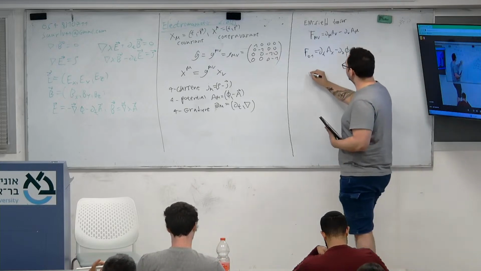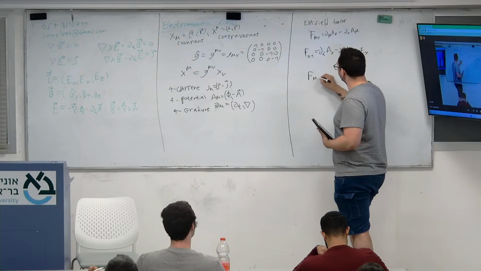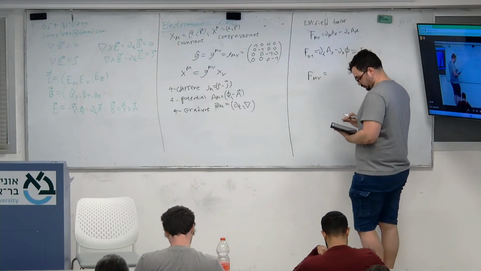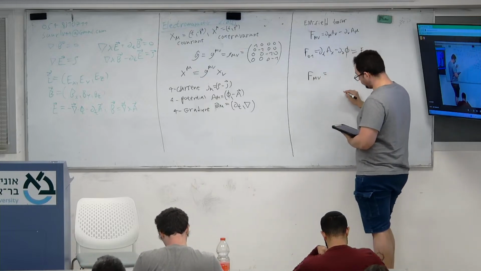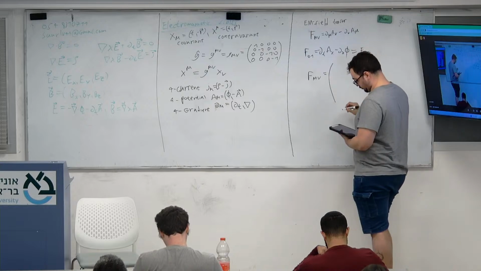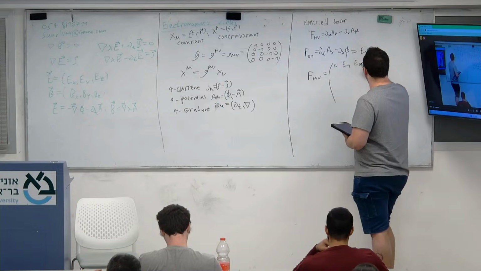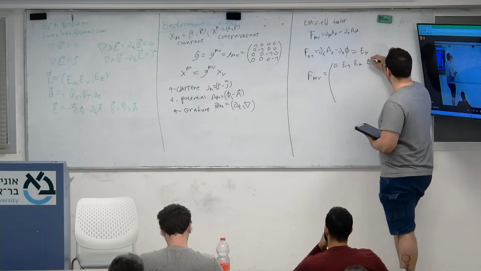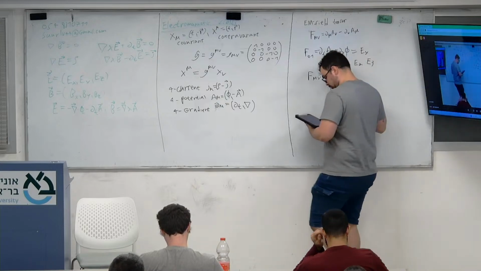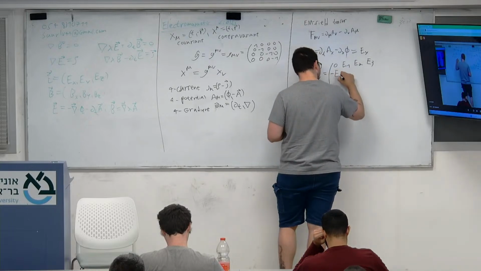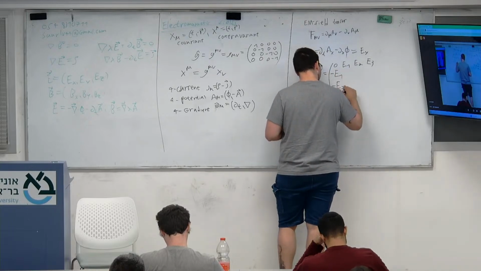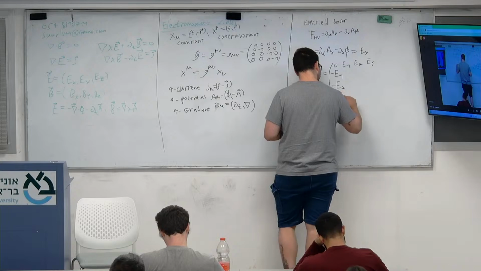Right. Overall, this is equal to, I'm just going to write, minus E1, minus E2, minus E3. You can check each term if you really like to.